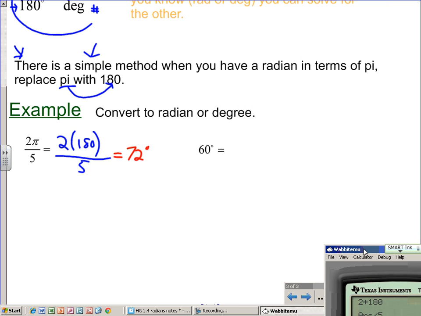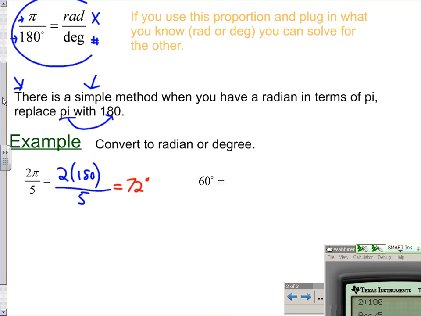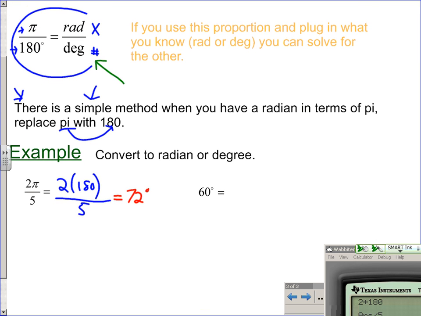Fairly simple. For 60 degrees, to convert that to radians, I'm going to go back up to here. So, we use this equal proportions. Pi over 180 is equal to, we don't know the number of radians, but we do know 60 degrees. Okay, these are just setting up equal proportions. So we want to know the number of radians.